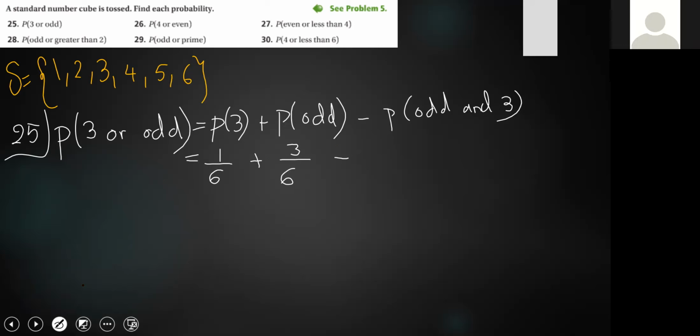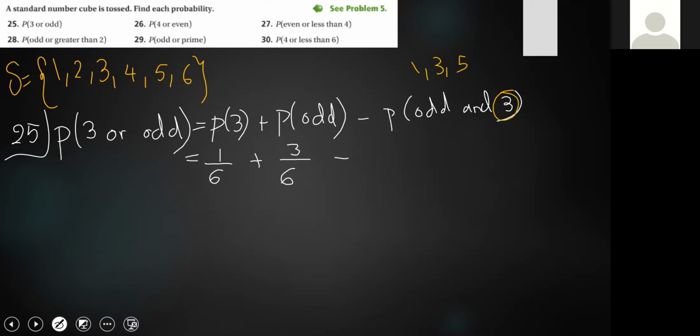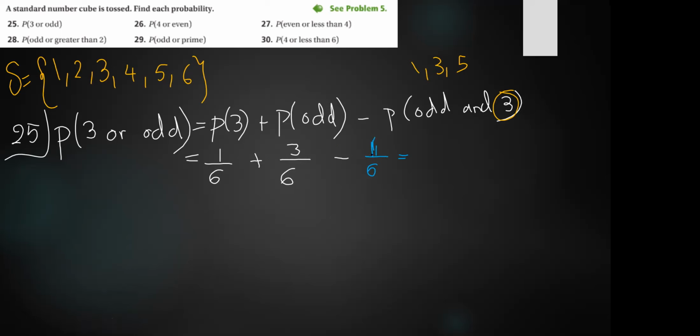They are 1, 3, and 5. Is the 3 one of them? Yes. So it is 1/6. So what will the final answer be? 1/6 plus 3/6 minus 1/6 is 3/6, or 1/2.